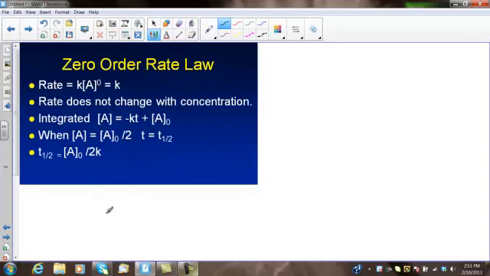In a zero order rate law, the rate is equal to the rate constant times the concentration of A to the 0, which is really the rate is equal to the rate constant. The rate does not change with concentration. This is the easiest one to deal with, but the one that they never ask because it's so easy. The integrated rate law is the concentration of A is equal to negative kt plus the initial concentration.